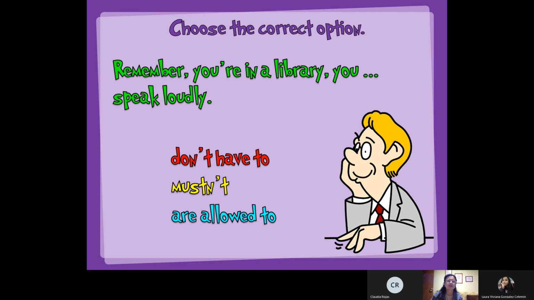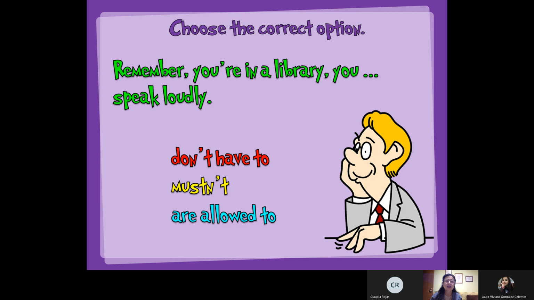Here you have the first sentence. And the idea is that you are going to choose the appropriate modal according to what you understand. Remember, don't have to for something that is not necessary to do in the present. Mustn't for a prohibition.